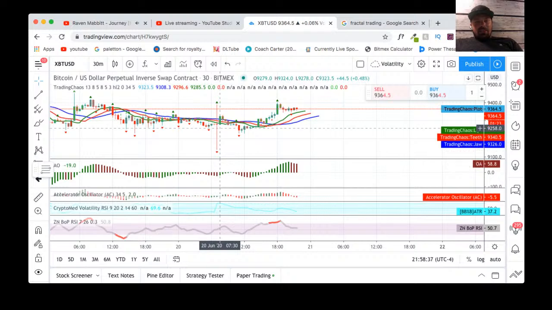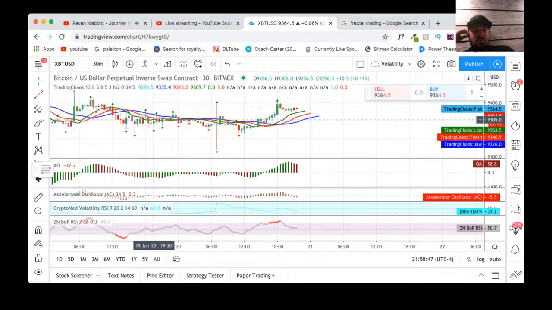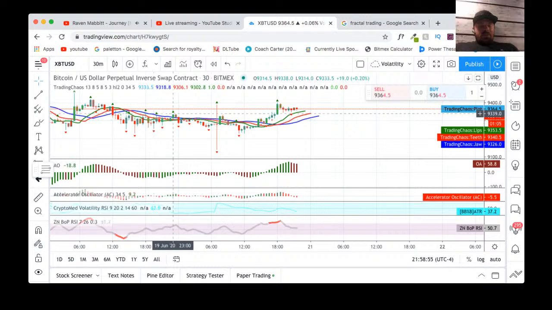So I'm using a custom indicator. It shows you the fractals. And if you want more information about my indicator, just send me a message. But it shows you the Williams fractals. And I would have tightened up my buys here, and I would have traded this fractal here.